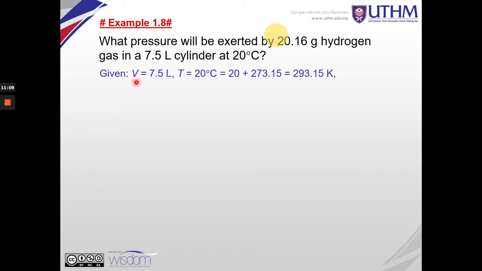So the given volume V is 7.5 liter and the temperature is 20 degrees Celsius. To convert from Celsius to Kelvin, you must add 273.15, so we get 293.15 Kelvin for the temperature.